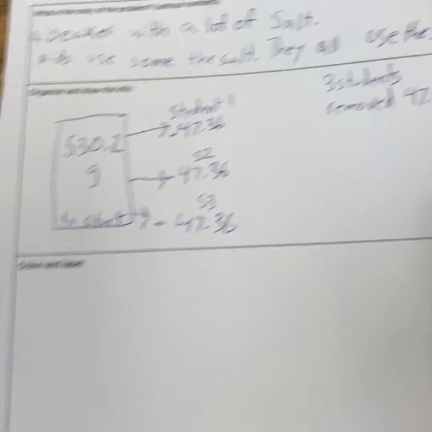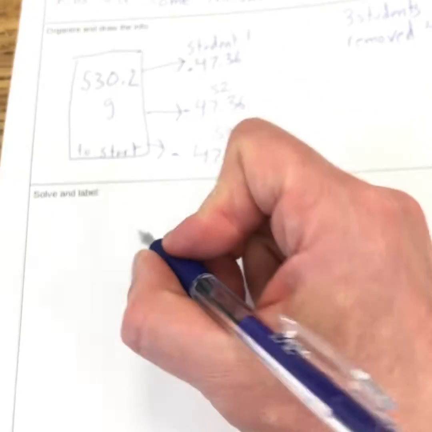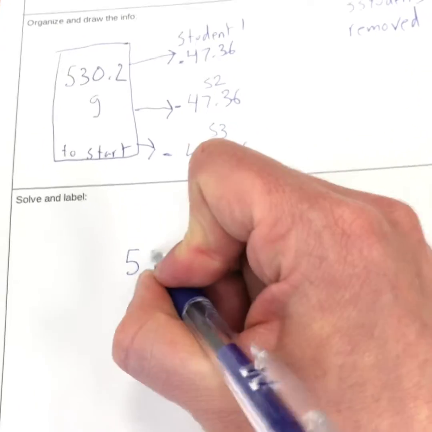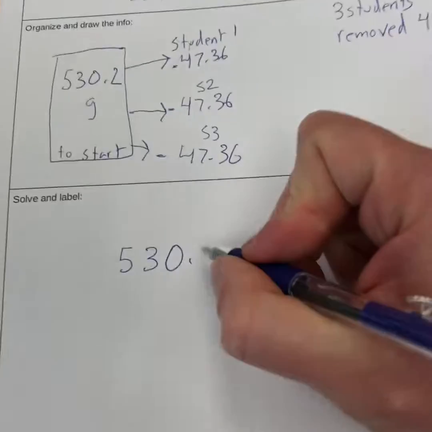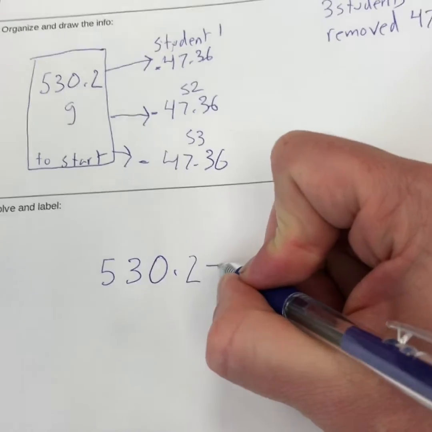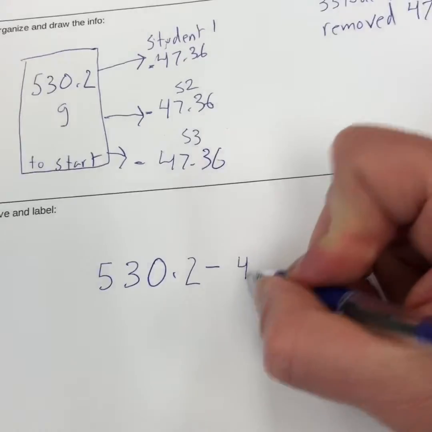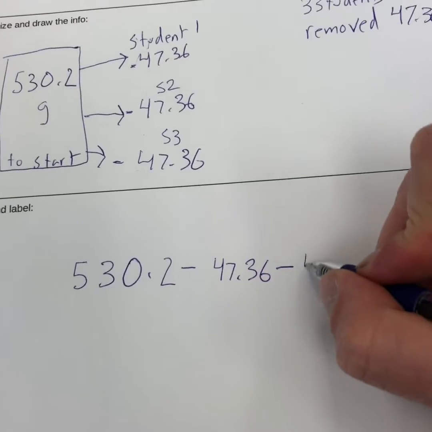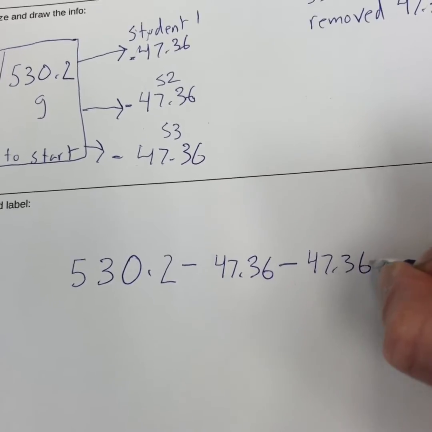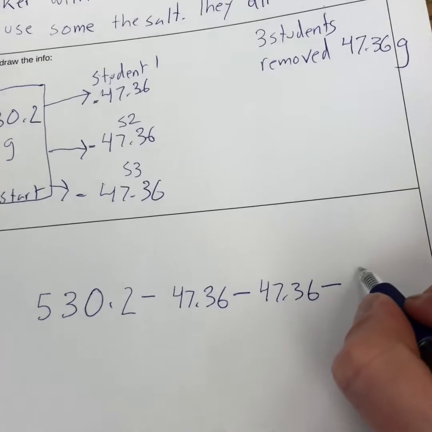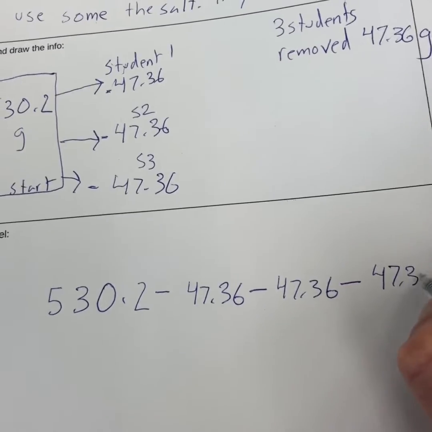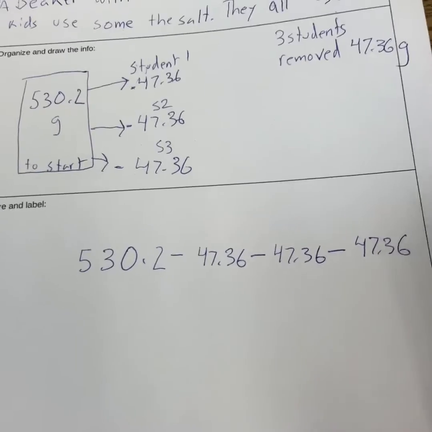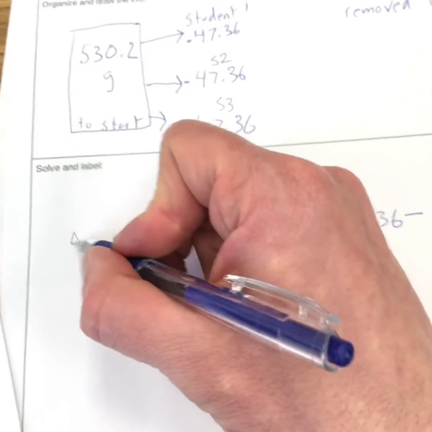Now, I could solve that in a few ways. I could do 530.2 minus 47.36 minus 47.36 minus 47.36. That's one way I could do it.